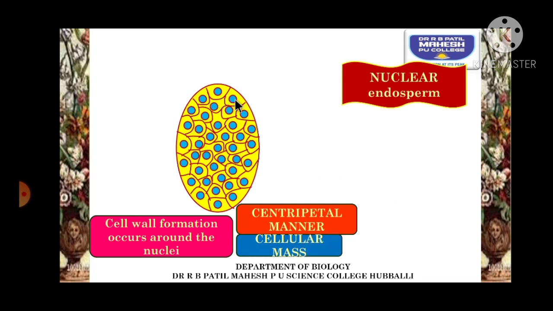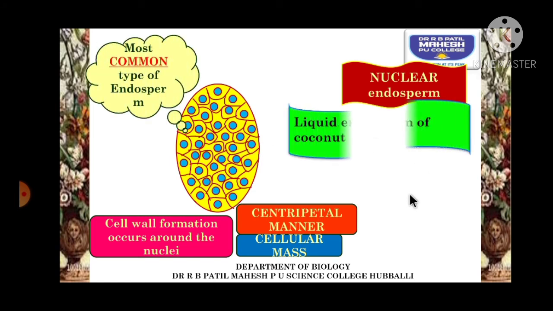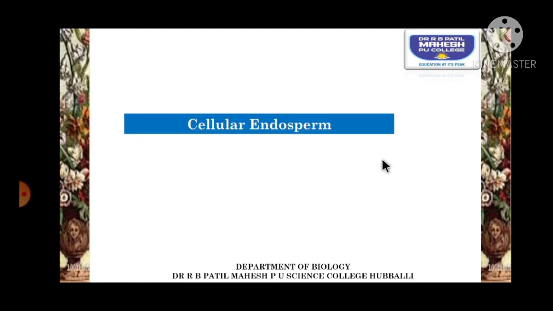If there is no formation of cell wall, then it is called a nuclear endosperm. This is said to be the most common type of endosperm, which can be seen in the coconut water which we drink as tender coconut. That liquid is endosperm. Later, it will get surrounded by the cell wall. So initially there will be no formation of the cell wall.